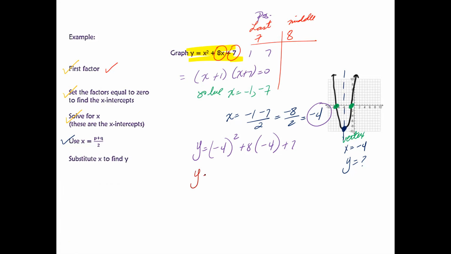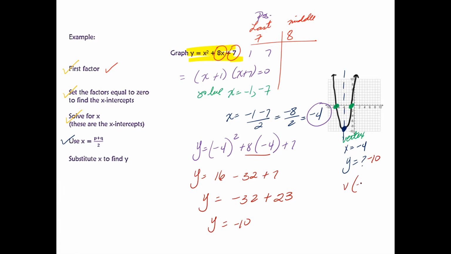You're going to need your calculator if you need it. Negative 4 squared is negative 4 times negative 4, that's a positive 16. 8 times negative 4 is a negative 32, plus 7. So then you're going to have negative 32 plus 23, and y equals negative 9.